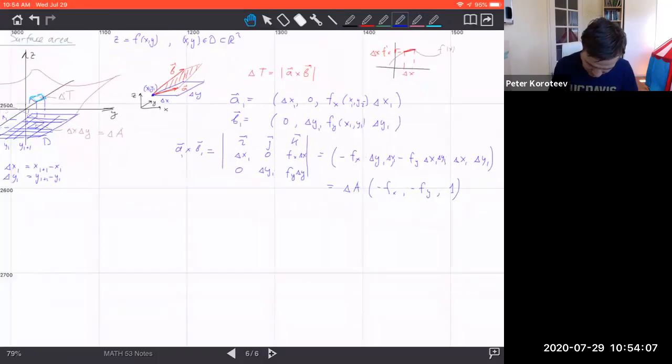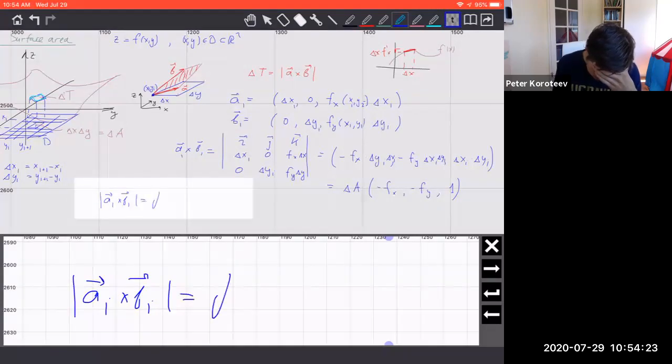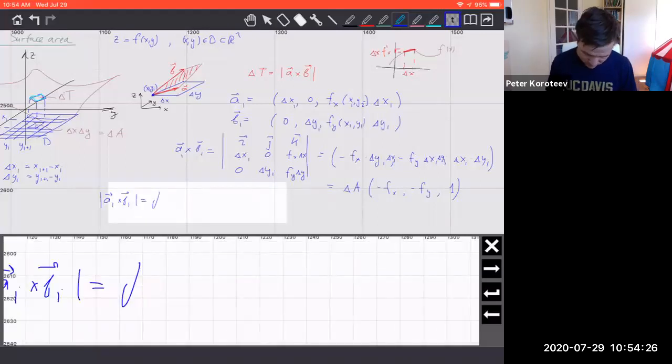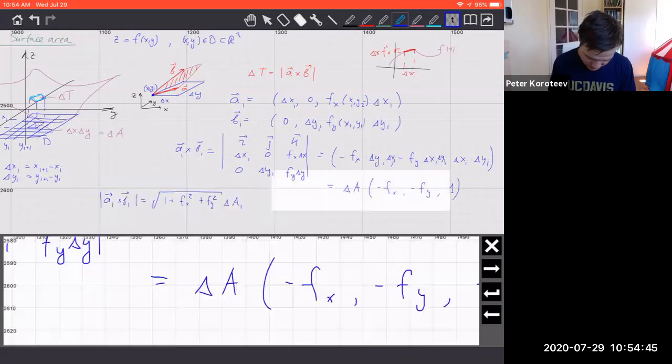And finally, the absolute value of that, a_i cross b_i, is the square root of 1 plus f_x squared plus f_y squared, times delta A_i.